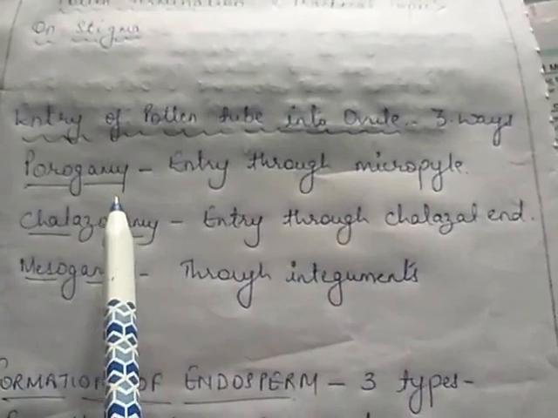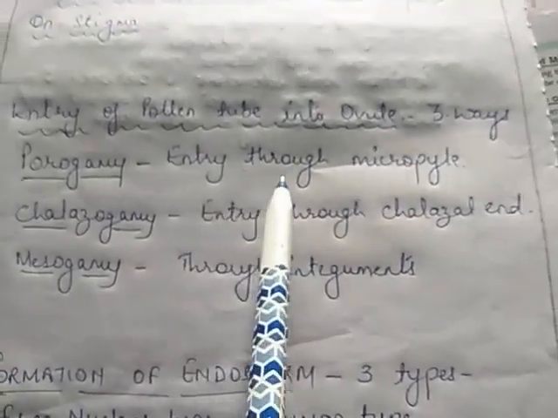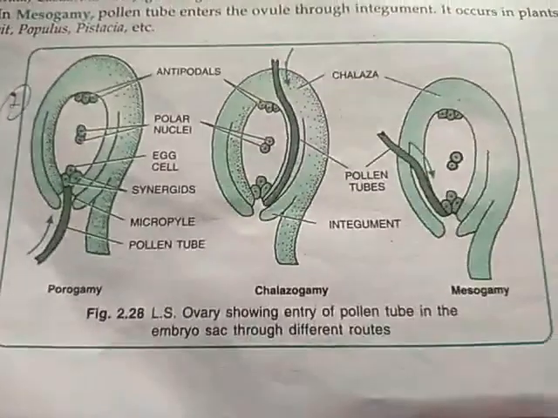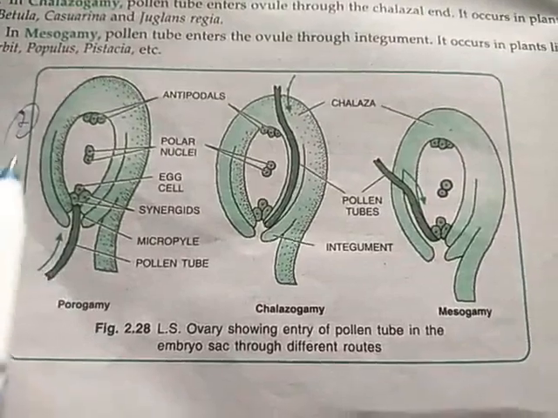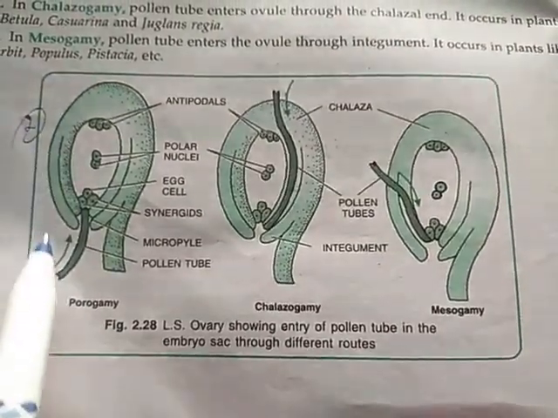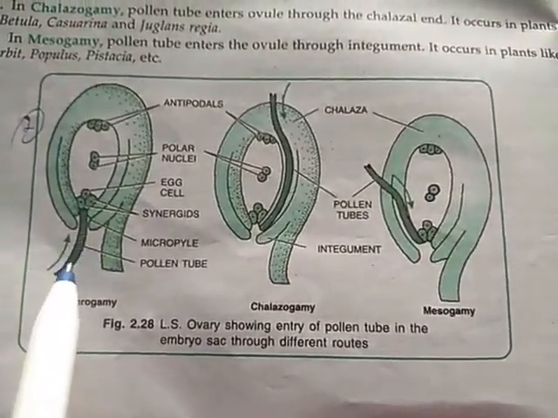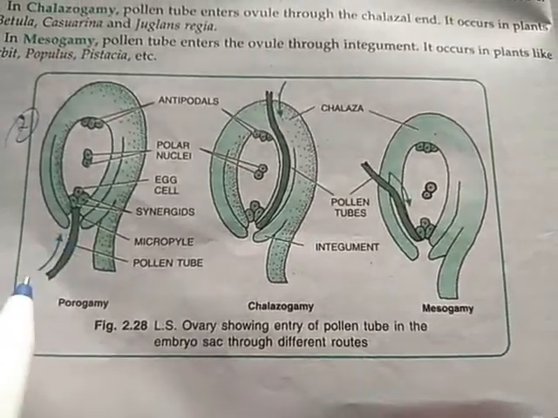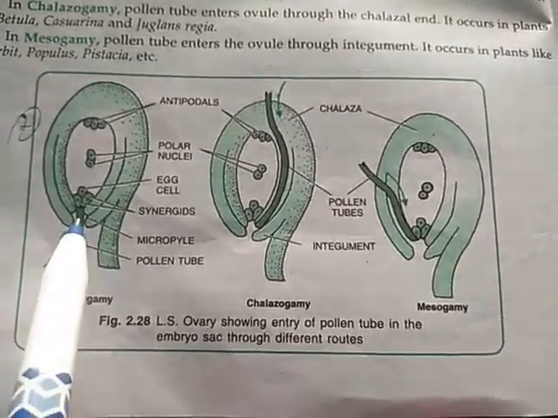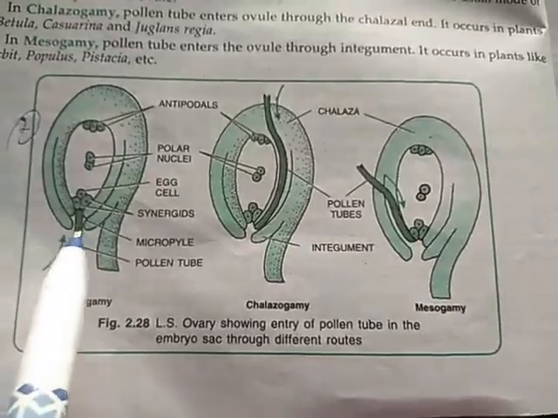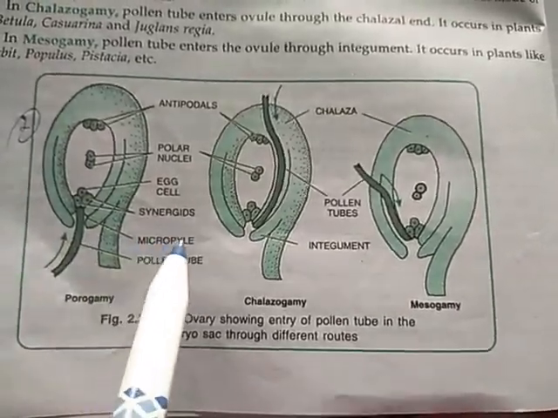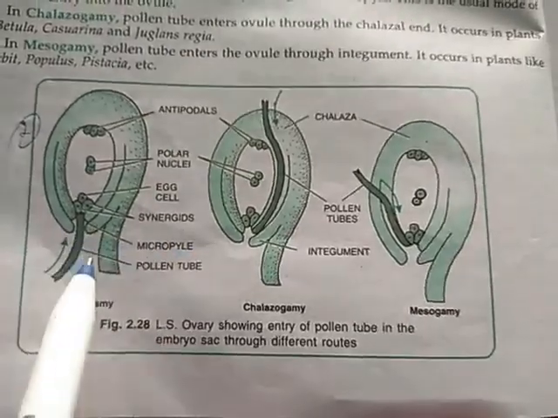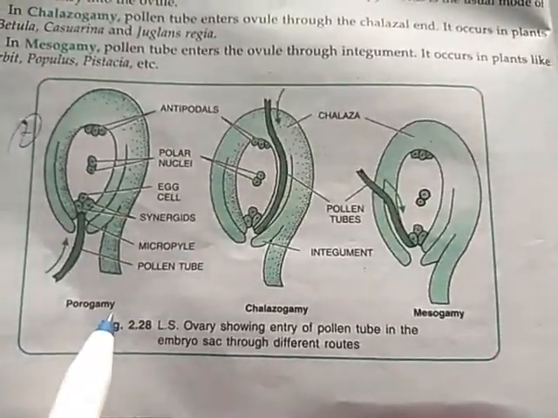Now, when entry of pollen tube takes place through micropyle, which I'll show you in the diagram, this is porogamy. If you see the pollen tube, the last part of pollen tube is this one. The pollen tube is entering into the ovule through micropyle. We already know the open part is called micropyle. So this is known as porogamy.